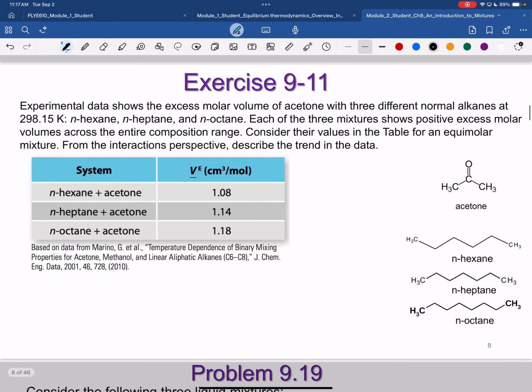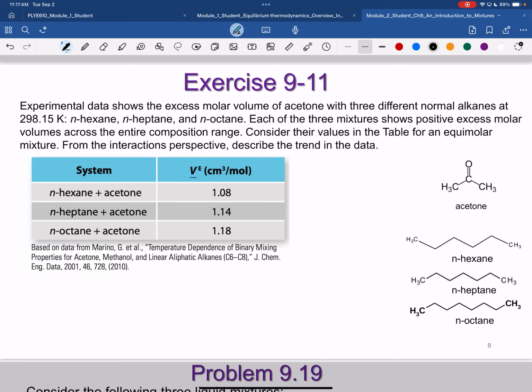Okay, one of the exercises in your book: you have some experimental data for the excess molar volume of acetone with 3 different normal alkanes at room temperature, n-hexane, n-heptane, and octane. For all of them, we have excess volumes in cubic centimeters per mole, and you can see that as the chain length increases, going from n-hexane to n-octane, the excess volume slightly increases, right?